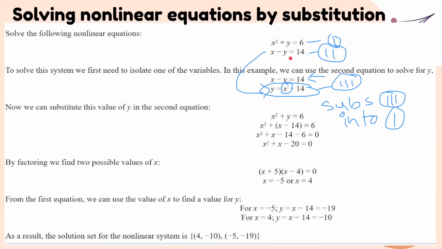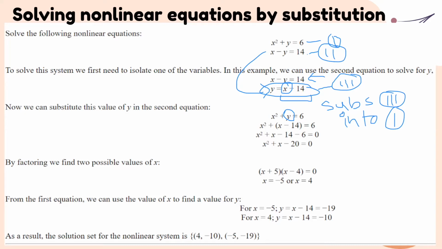So now you can substitute whatever you solved for y in equation 3 into equation 1. Instead of writing y, I'm going to write this, because I told you that y is equal to x minus 14.